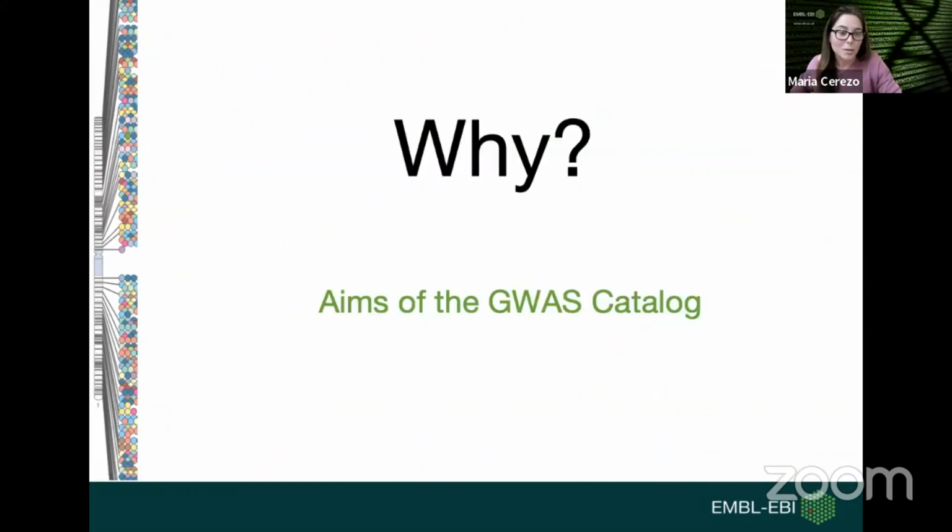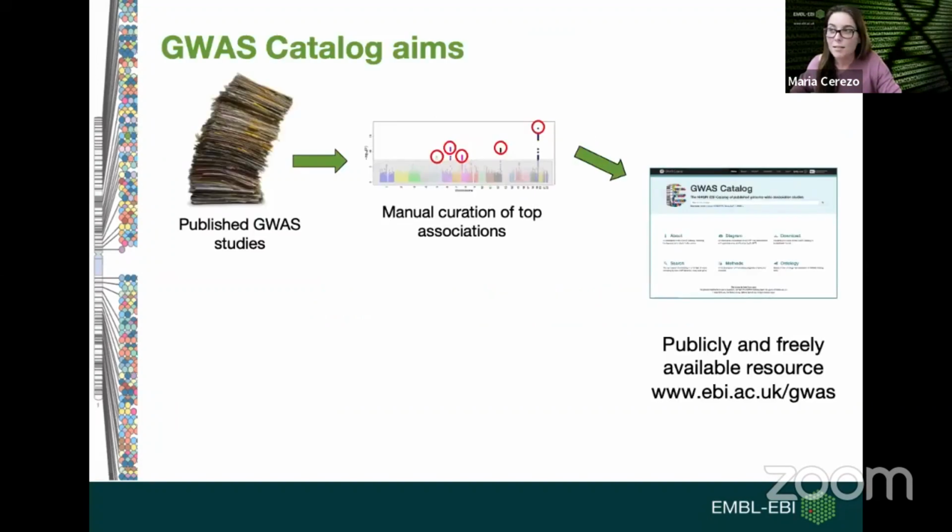Why do we need the GWAS catalog? The aim of the catalog is to provide summary standard data from published studies. Right now, there is no common standard way to report GWAS: different study designs, different ways to represent the data, different criteria for replication.